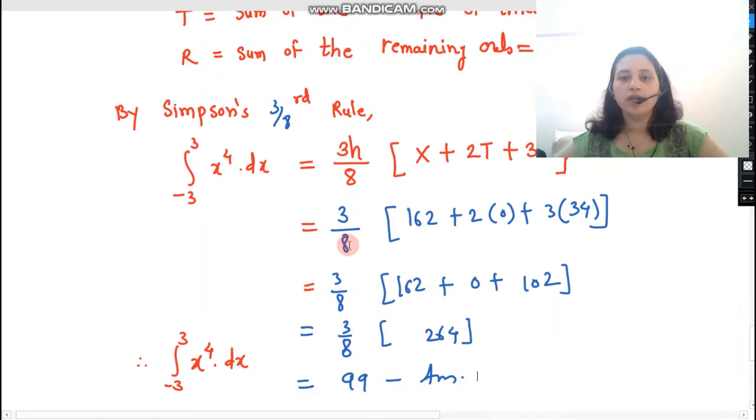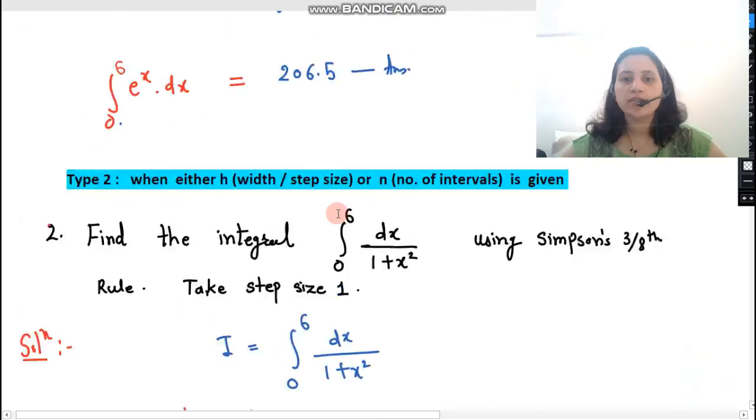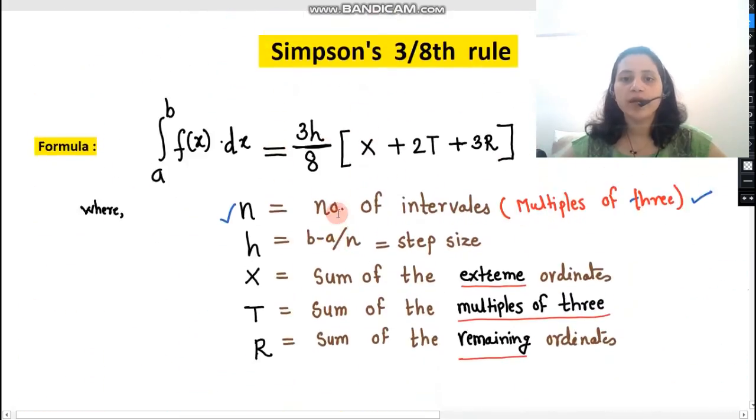Okay. So this is it for the Simpson's 3 by 8 formula. So let's summarize today's topic, that is Simpson's 3 by 8 formula. Integration from a to b f of x dx is equal to 3h by 8 into bracket x plus 2t plus 3r, where h is the step size, x is the sum of extreme ordinates, t is the sum of multiples of 3 and r is the sum of remaining ordinates.